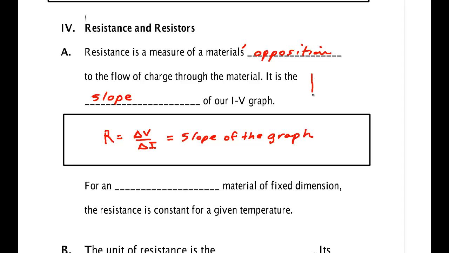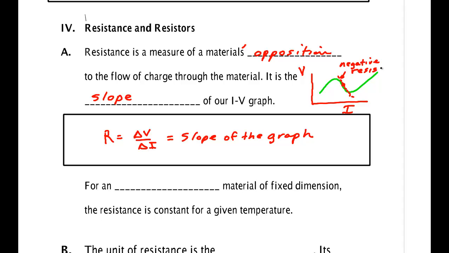So you can have materials that actually have graphs that look like this. In this case, if you're over here, the slope of the tangent line, which is the slope of the graph, is actually negative. So you have a negative resistance.